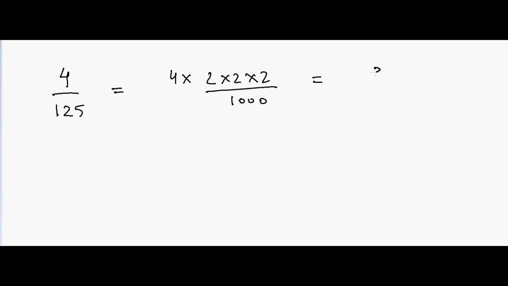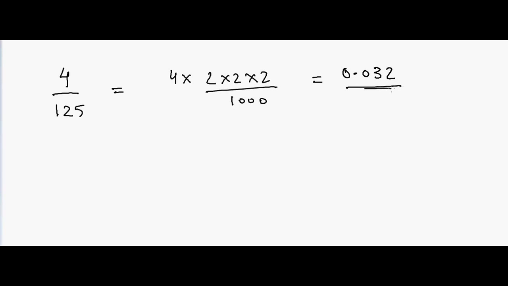Another example is to divide by 125. If I have 4 and I want to divide by 125, how will I do that? In that case, that will be equal to 4 into 2 into 2 into 2 divided by 1000. So 4 into 8 is 32. So we have 32 and we put a 0 here.